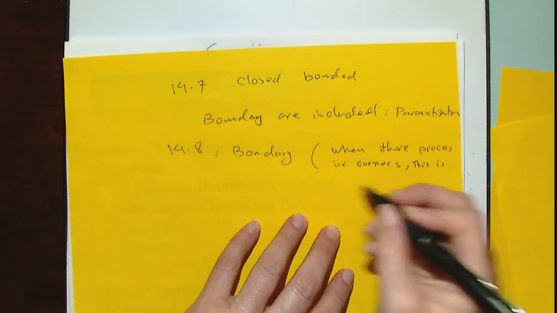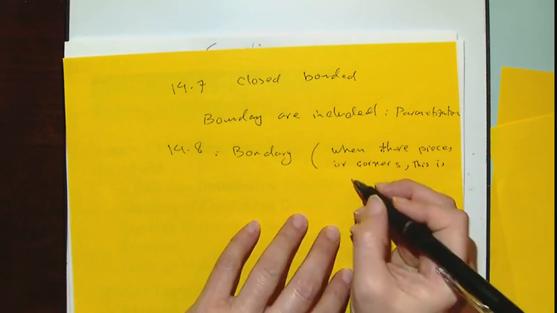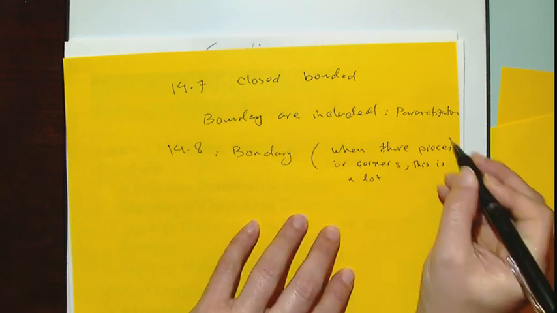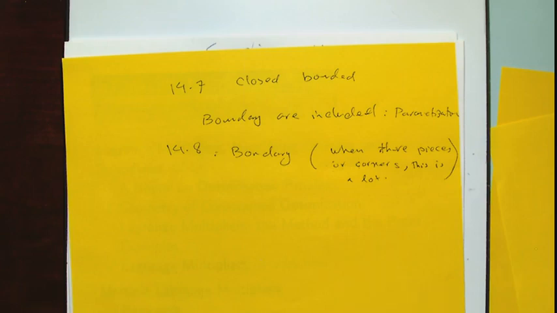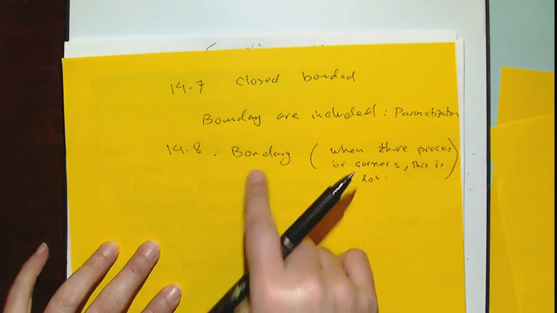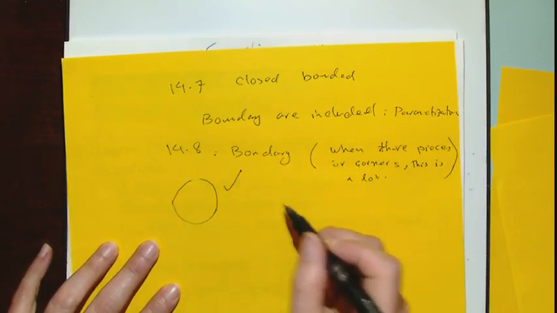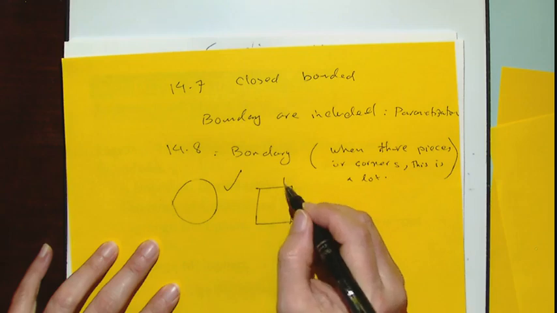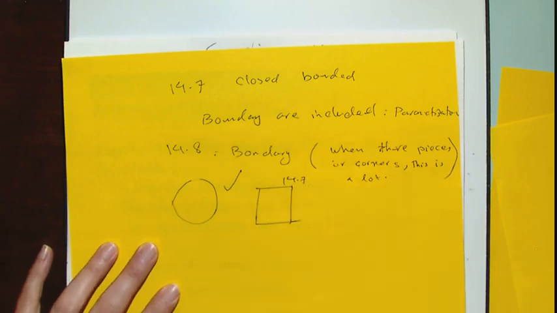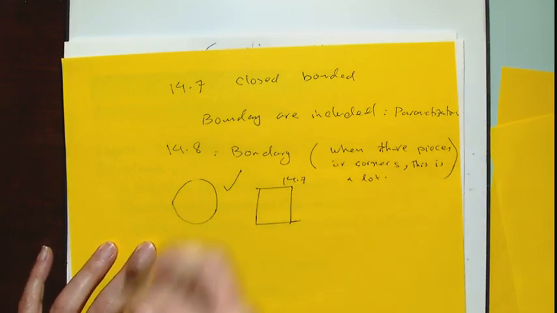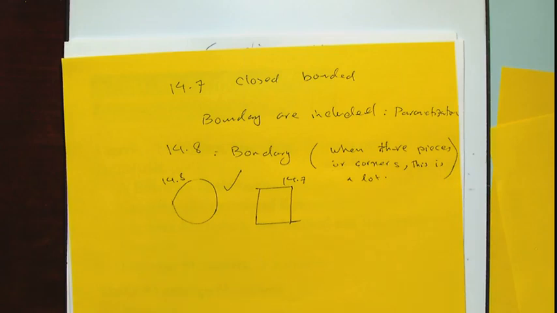This is a lot. So sometimes if there are pieces and corners, you still want to use the previous method. This is more for a boundary that is smooth. So a boundary like this is good, check mark. This one, 14.7 is easier. Fair game? 14.8, 14.7. That's the difference.